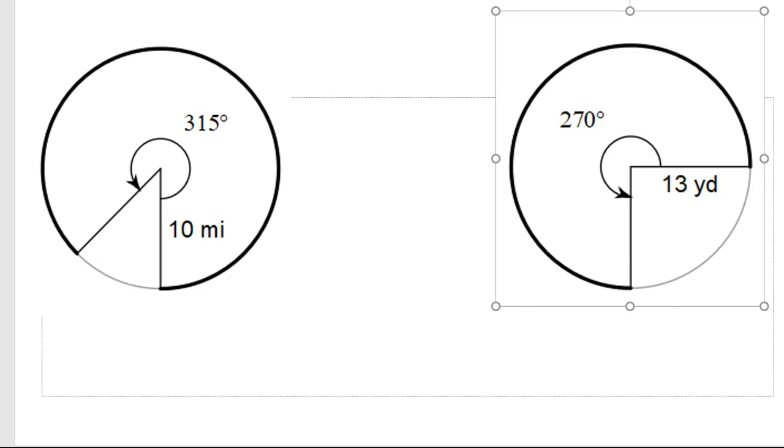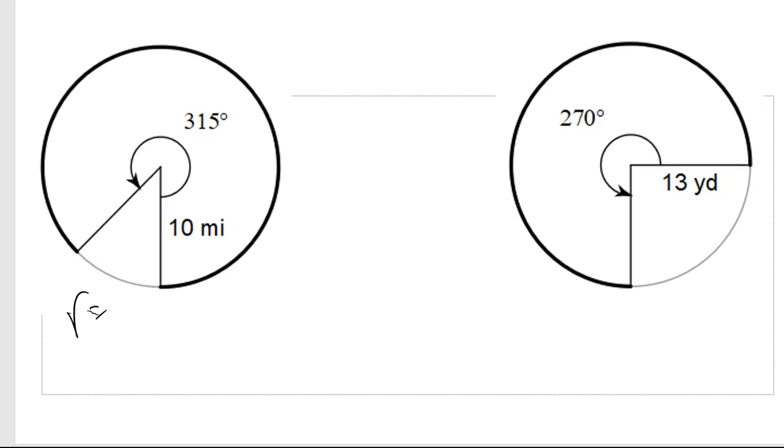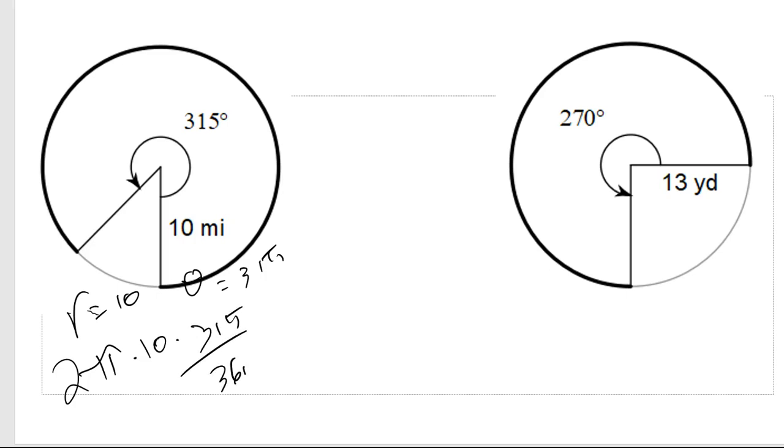So we're still finding arc length. So this one, my radius is 10. My angle is 315. So we're going to do 2 times pi times 10 times 315 over 360. So we're going to take 20 pi. See if 315 divided by 360 can be simplified at all first. It can. It's 7 over 8.